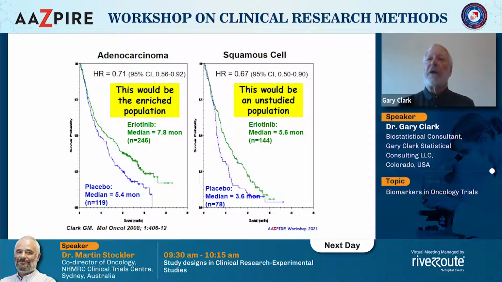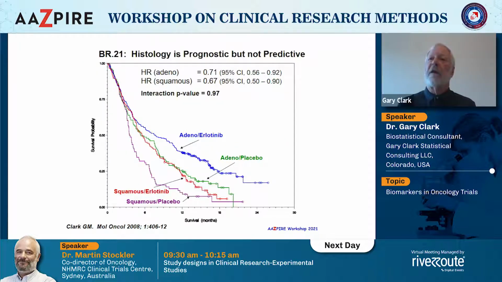And we would either conclude that patients with squamous cell were not going to benefit, or we would have to be honest and say we actually don't know what happens, because this would be an unstudied population. And just like in gender, these two curves demonstrate a prognostic effect, but not a predictive effect. You get the same relative improvement treating males as you do females.